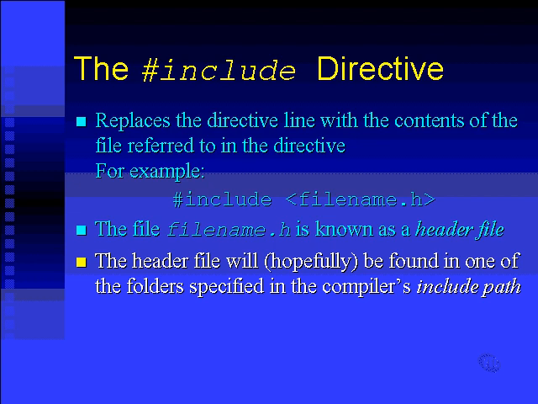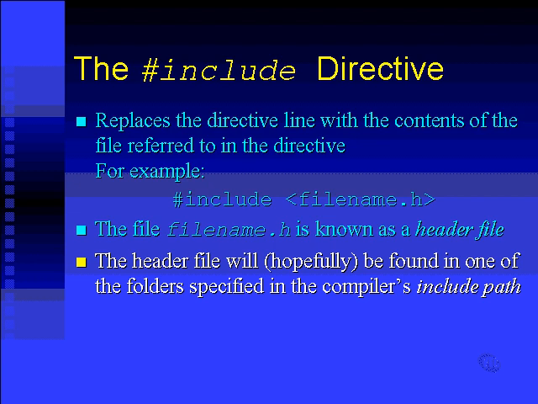Previously, hopefully, the compiler will have been configured such that it knows where to look for files ending in .h. There is a sequence of directories or folders that the compiler will look in order to try and find filename.h. And there could be one folder or directory in this list, or there could be a dozen, or well, a dozen is somewhat unlikely.